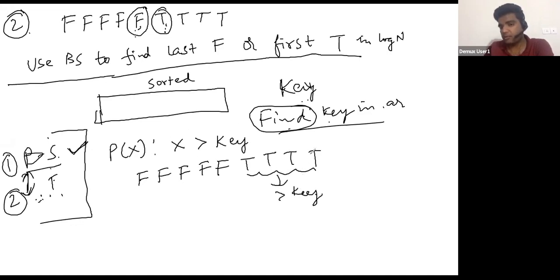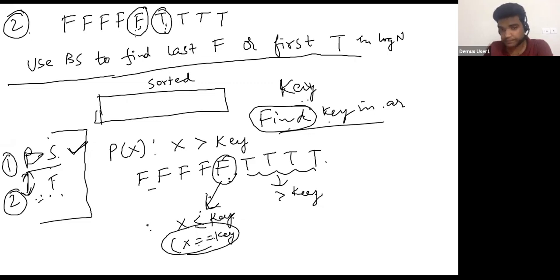Because the predicate holds true for them. So I can look for the last F then in this search space. Once I get the last F, I can check. So the last F actually holds this property, right? X less than equals key. It does not necessarily hold this property, right? We want this. We don't want this.